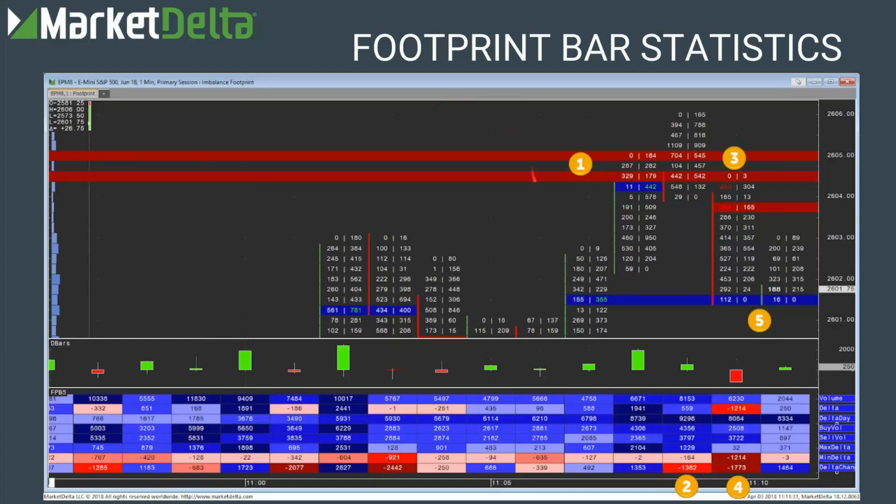This one's easier to read because I've got points 1, 2, 3, 4, 5 on the chart. This is today, and I'm looking at point 1. See my cursor, number 1.